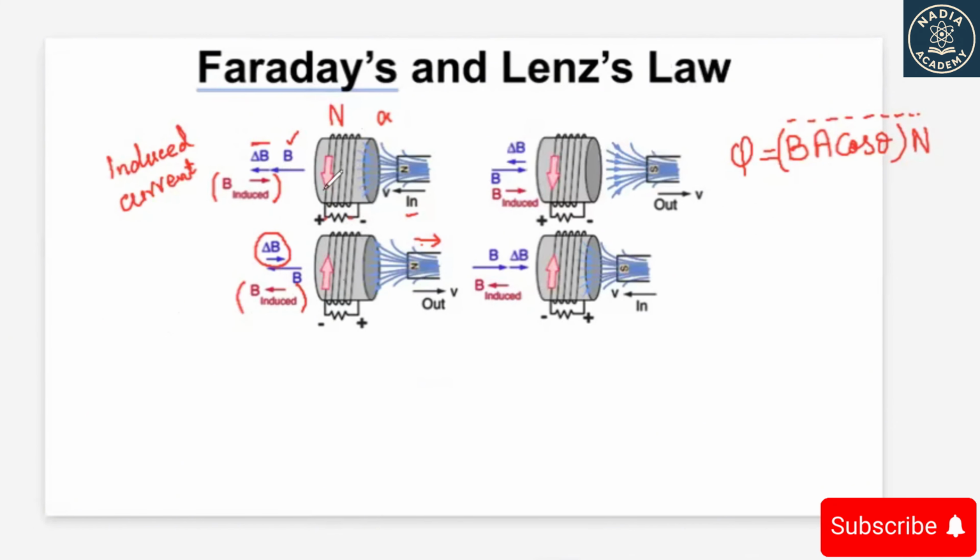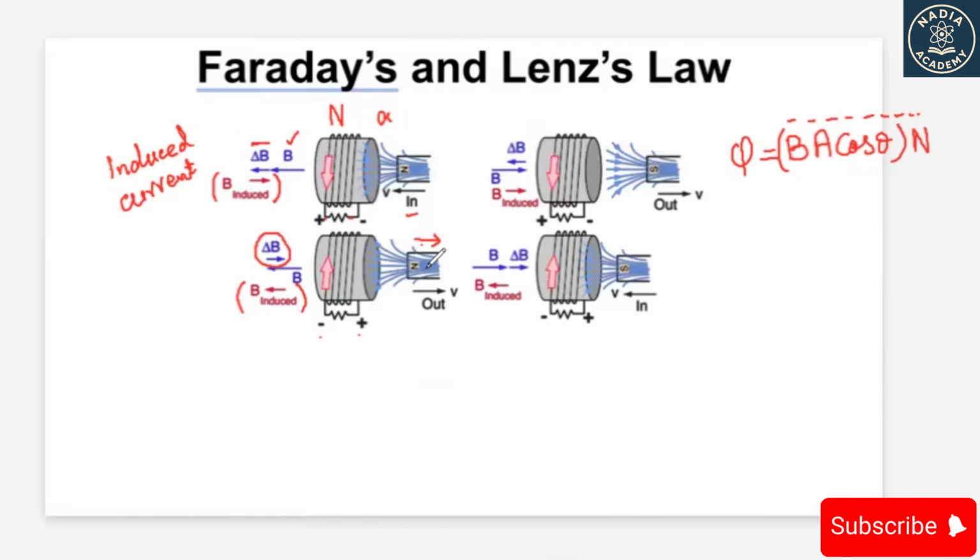If it was like this, or you can say counterclockwise, now it will be clockwise. This means our induced EMF has reversed. Previously, we had a positive terminal toward the left and a negative terminal toward the right. This time, we have a negative terminal toward the left and a positive terminal toward the right. So the induced voltage is changing its sign because of the motion of our permanent magnet.